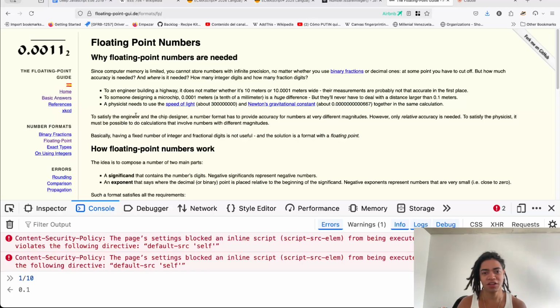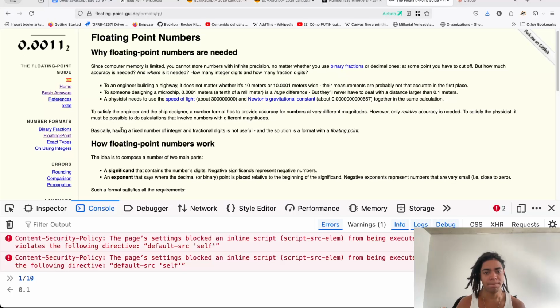To satisfy the engineer and the chip designer, a number format has to provide accuracy for numbers at various different magnitudes. However, only relative accuracy is needed. To satisfy the physicist, it must be possible to do calculations that involve numbers with different magnitudes. Basically, having a fixed number of integer and fractional digits is not useful, and the solution is a format with a floating point.